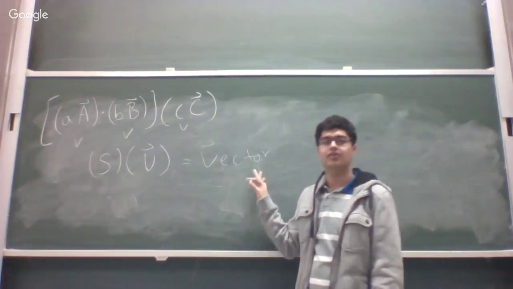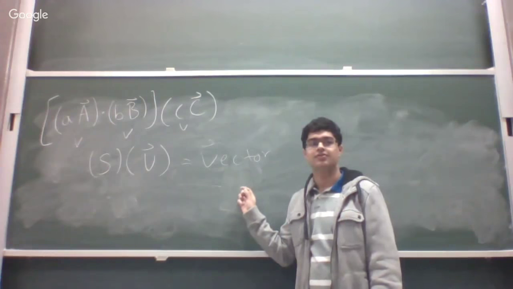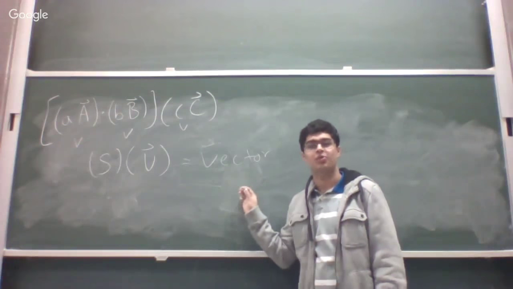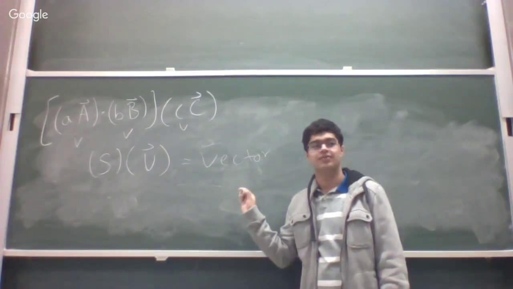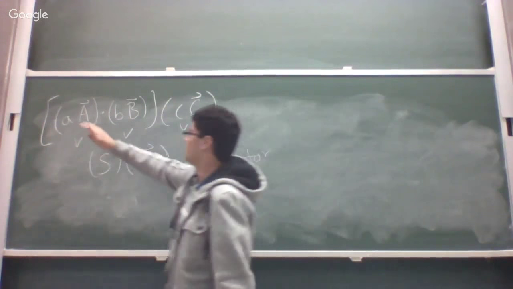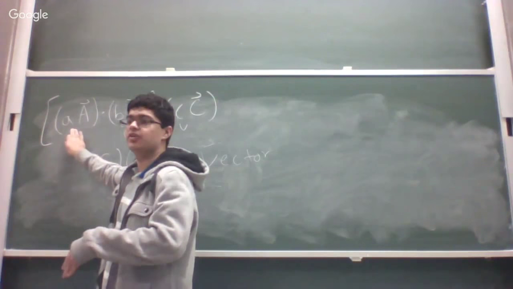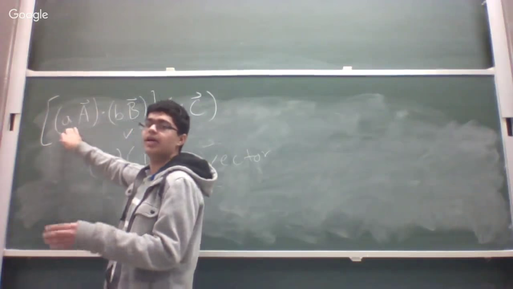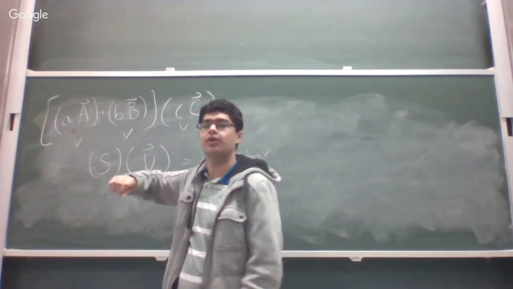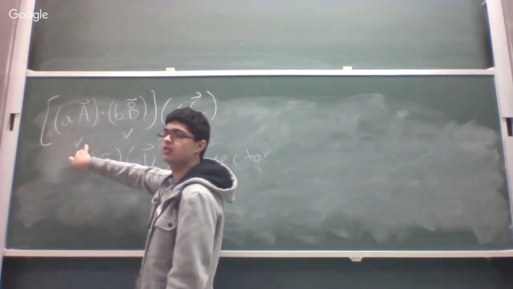Any questions on this? Do you all understand this problem? I'll say it again. This A is like a little number multiplying the vector, but A is also technically a scalar. So a scalar times a vector remains a vector.